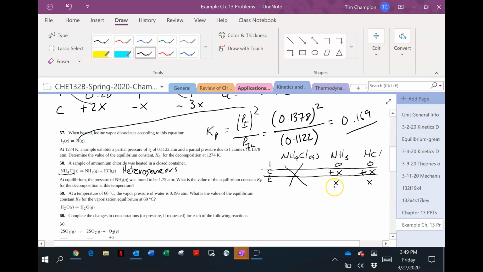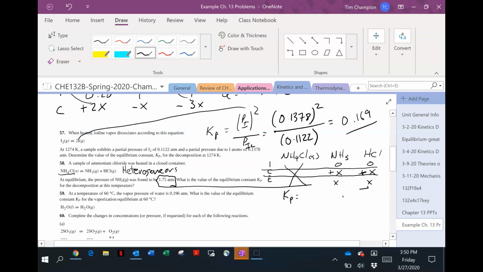And what we're told is that x is 1.75 atm. Well, that's the same x for HCl here. So our Kp for this one is going to be just the ammonia value times the HCl value. And I'm sorry, those are partial pressures.